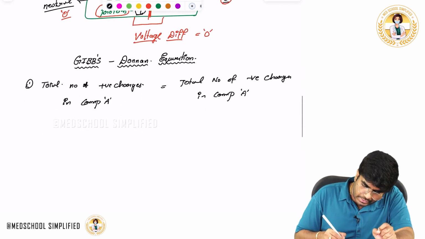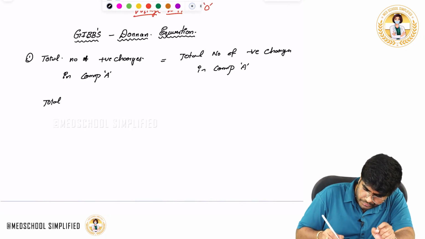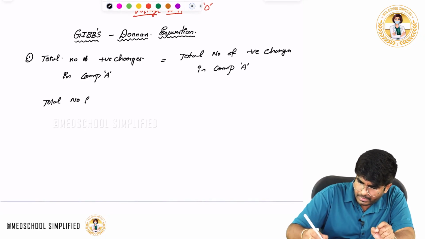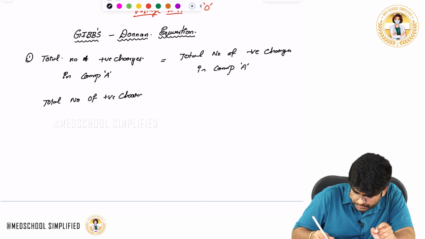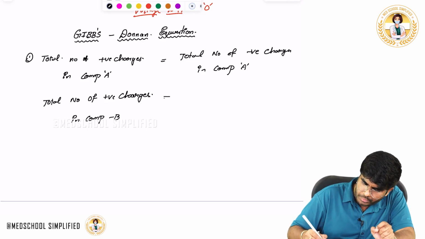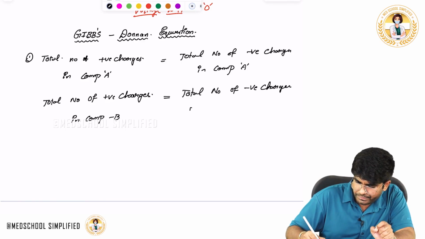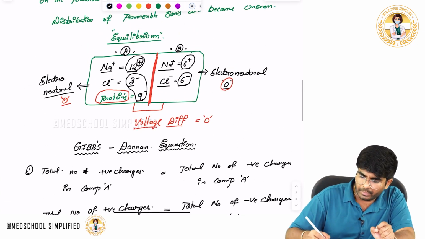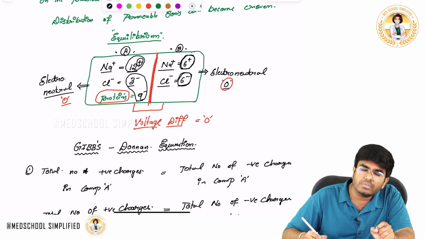And the same thing for compartment B: the total number of positive charges in compartment B should be equal to the total number of negative charges in compartment B. Here, in compartment B, the number of positive charges is 6 and the number of negative charges is also 6.